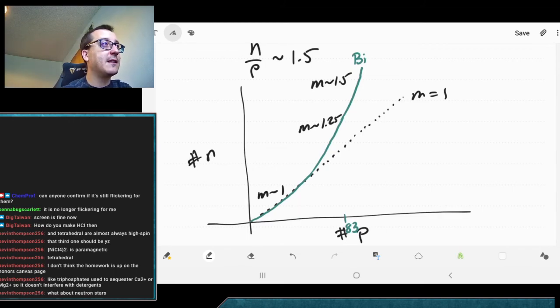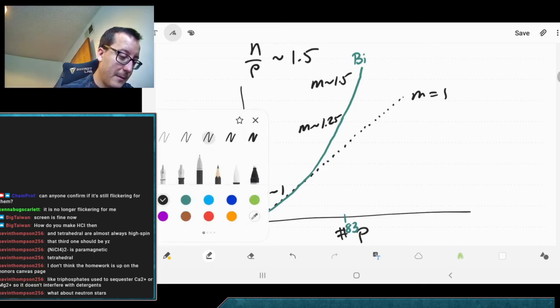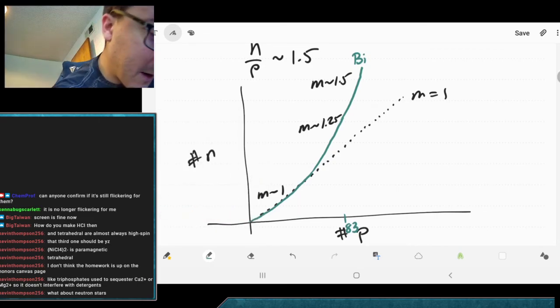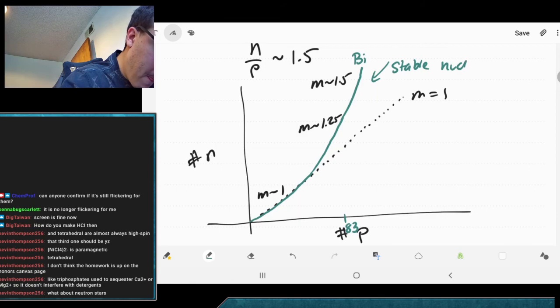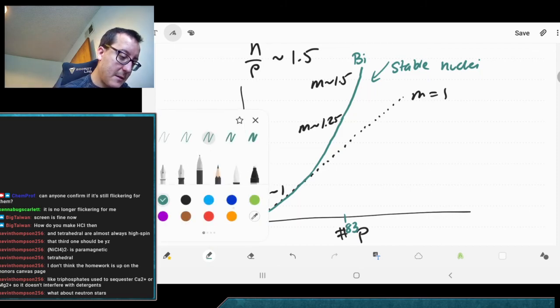You'll see that the stable nuclei tend to follow this kind of forest green trajectory.